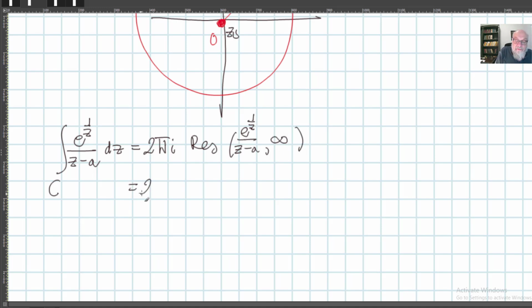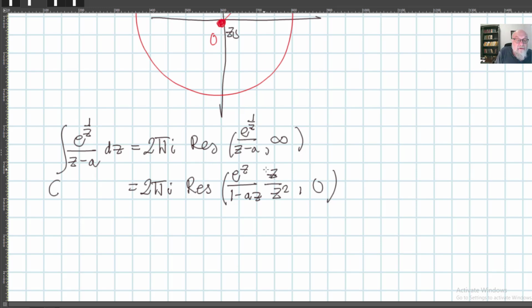So to be more specific, you can convert it to the residue at 0, so it will be e^z, and this one will be here 1 minus a z, and then this goes here, this will be z divided by z squared at 0.